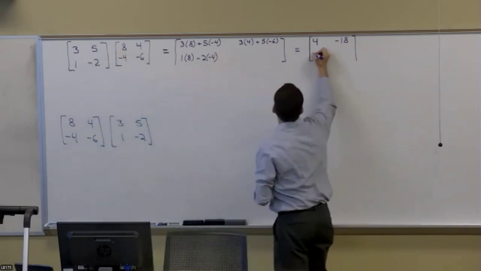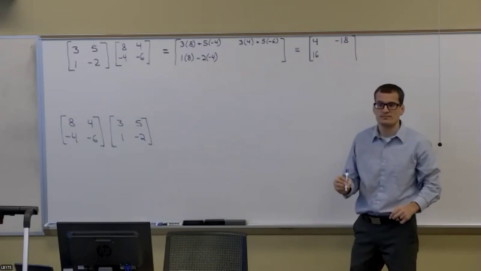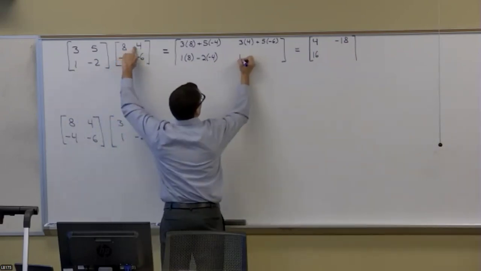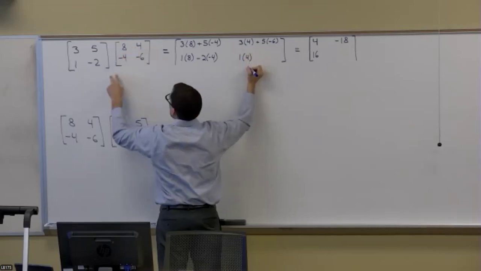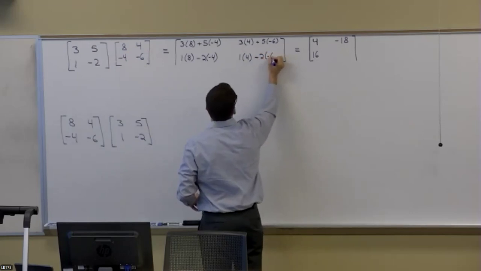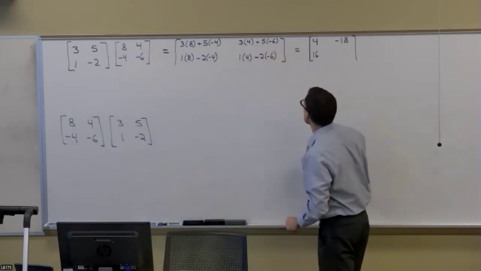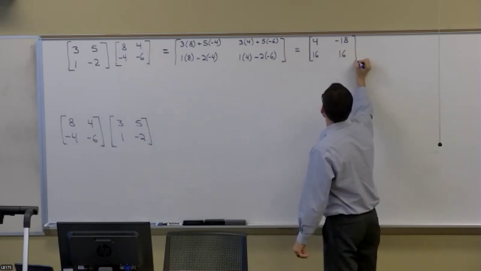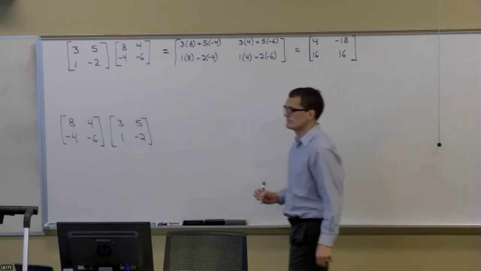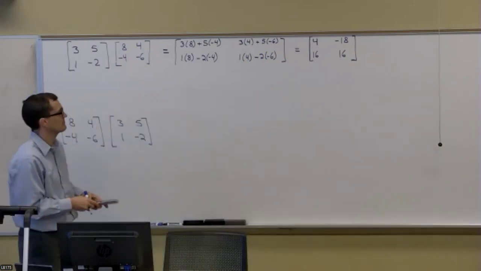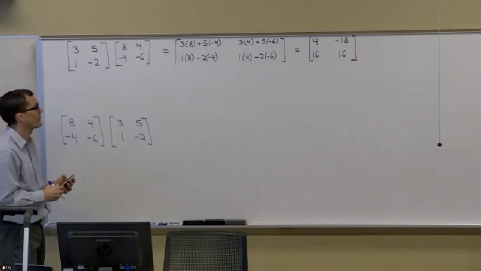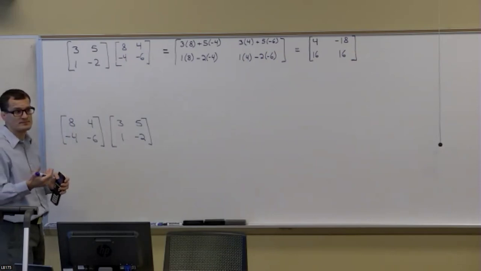That's 8 plus 8, which is 16. And then 1 times 4 plus negative 2 times negative 6. 4 plus 12 is also 16. Right, that process.